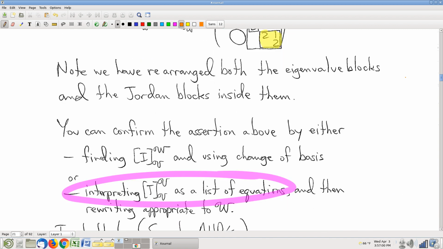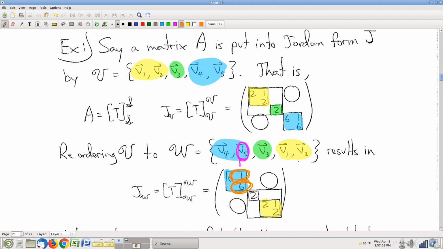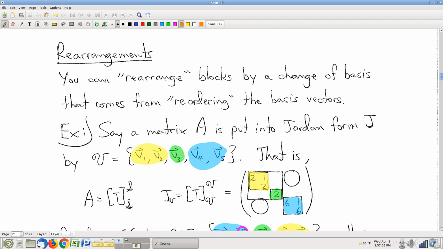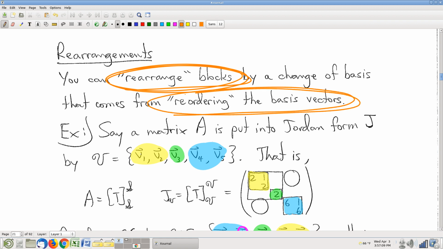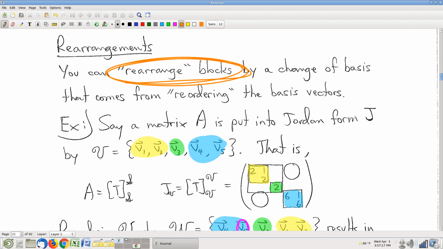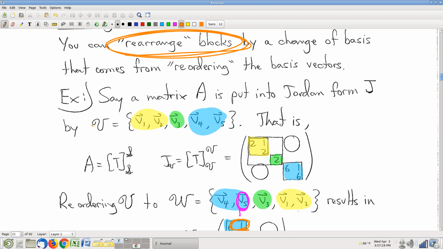So what does this buy for us? Every rearrangement of blocks can be achieved by reordering basis vectors. Let me say that a little bit differently. When you rearrange blocks, you're just changing from one basis to another basis. You're changing from this V basis to a W basis.